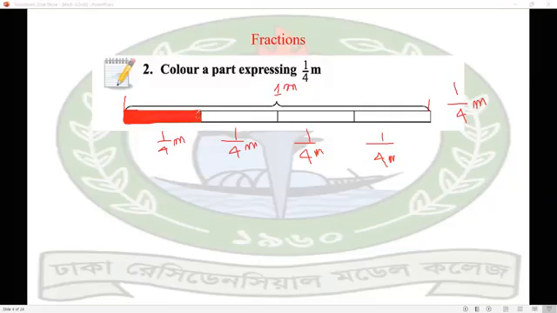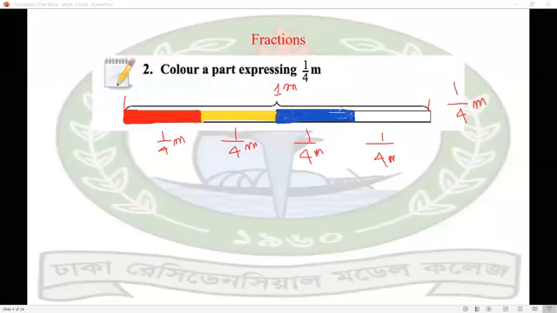But another student says, I will color another 1/4 meter part. So he can choose another color. It would be yellow. So he chooses this part to be yellow. Both are right because the red part is 1/4 meter, and the yellow part is also 1/4 meter. Another student says, I will color the 1/4 meter blue. He colored the third part blue. So he is also right because this part's length is 1/4 meter.